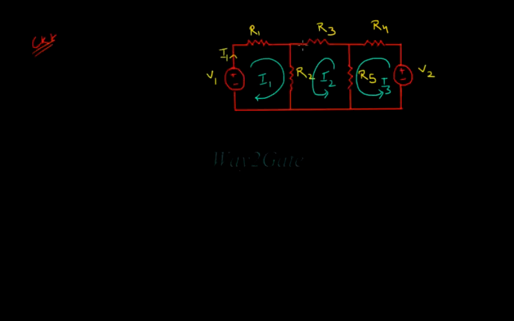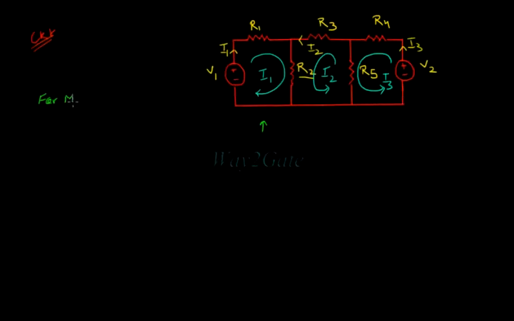Let's make an equation for mesh 1. Current in R1 is I1, and current in R2 is I1 plus I2, as the currents I1 and I2 are in the same direction, which is downwards.